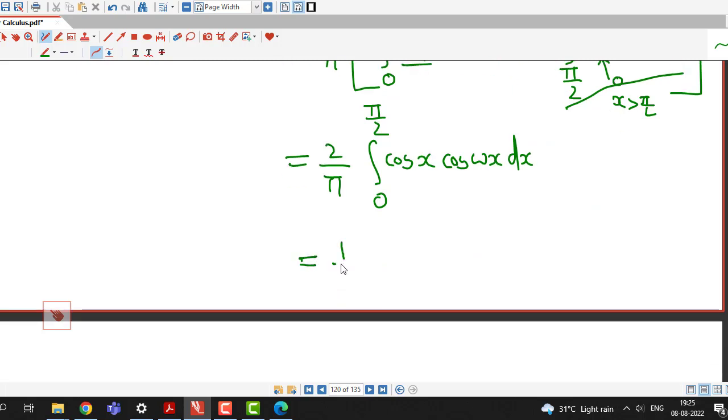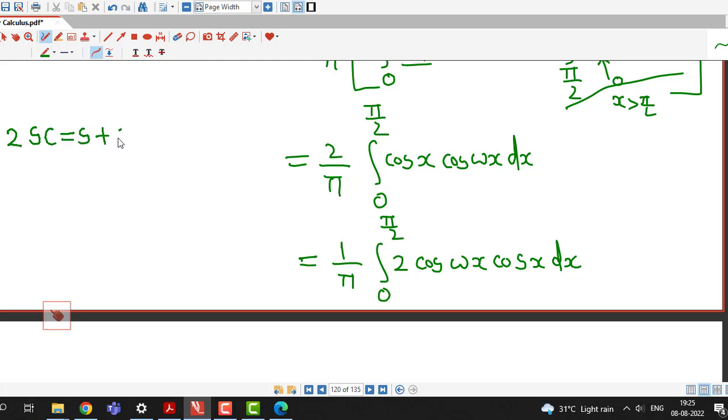For that I am taking this 2 inside the integral, because I have to use the formula 2 cos alpha cos beta, so 2 cos(omega x) cos x dx, and we know all these formulas. 2 sin cos equals sin plus sin.